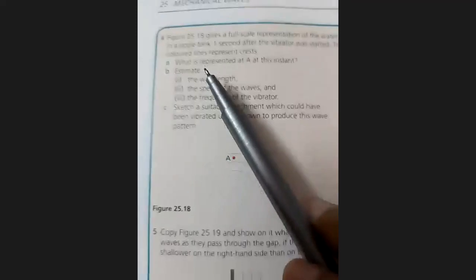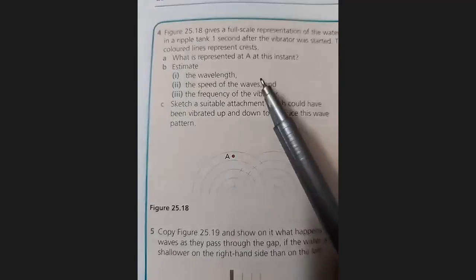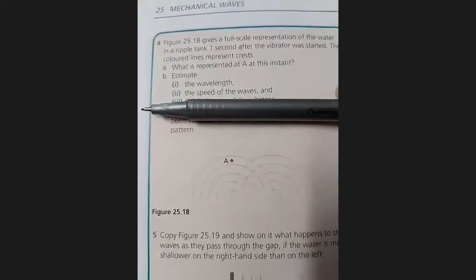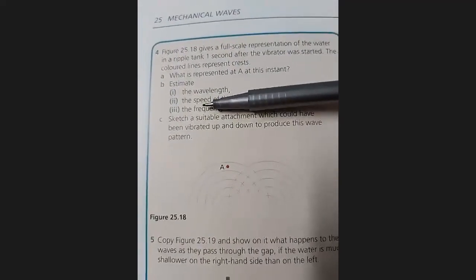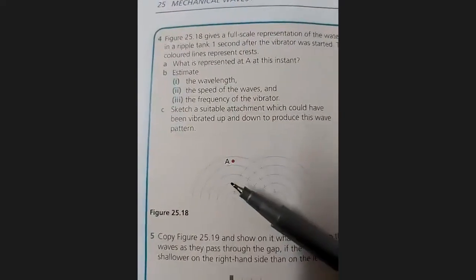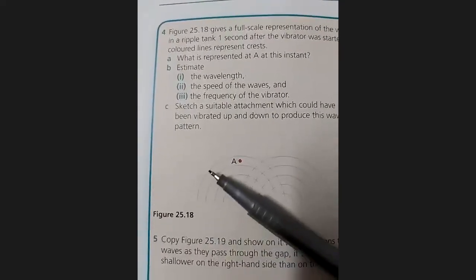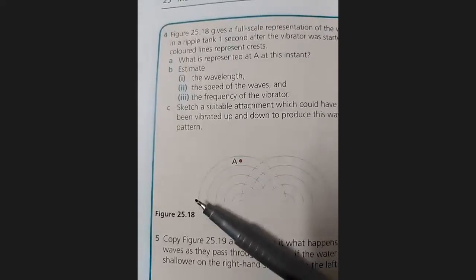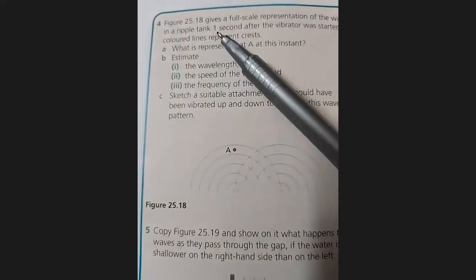Okay, so wavelength is 3 millimeters. Frequency we found out was 5 hertz. Now speed. If we did not know the frequency, forget the frequency, and we are going sequence-wise from 1 to 3, how would you calculate the speed? Now you know 3 millimeters is the wavelength. The total distance that the outermost wave traveled in 1 second, because this took 1 second, right?